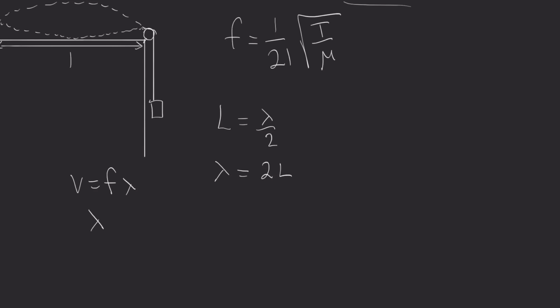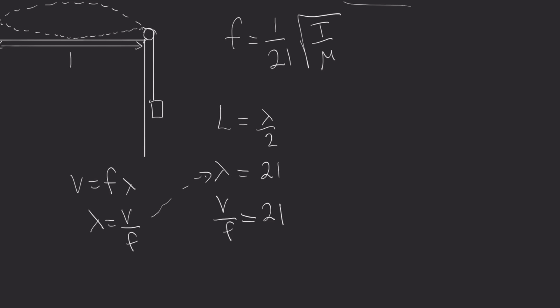This means that the wavelength will be equal to V over F. So we can plug this in to get that V over F is actually just equal to 2L. Let's be consistent with our L's. We didn't have a capital L, so I'll just change that to a lowercase l.